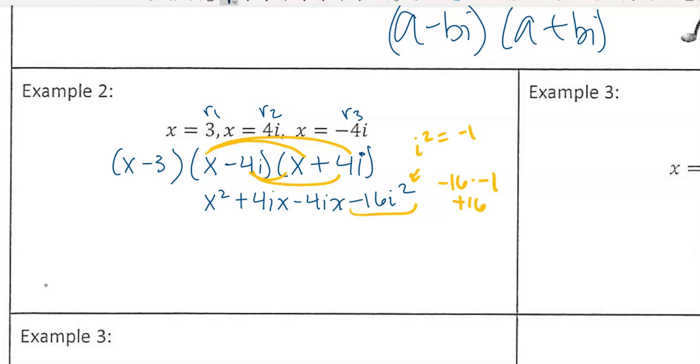So what we had practiced was canceling out the i squared and changing the sign, because that's all that's happening. The i goes away, and the 16 is now positive 16. So doing that, we can also combine these 4ix's, negative 4 and positive 4, that's 0. Those cancel out. So over here, we're left with x squared plus 16.